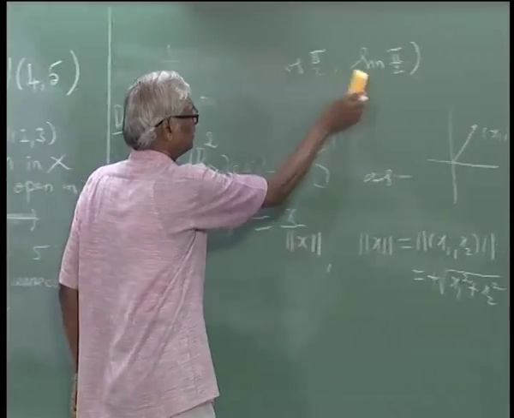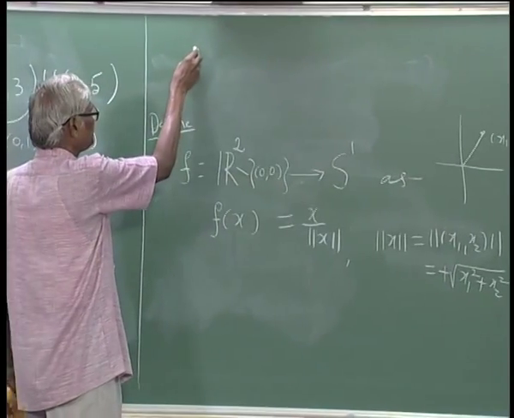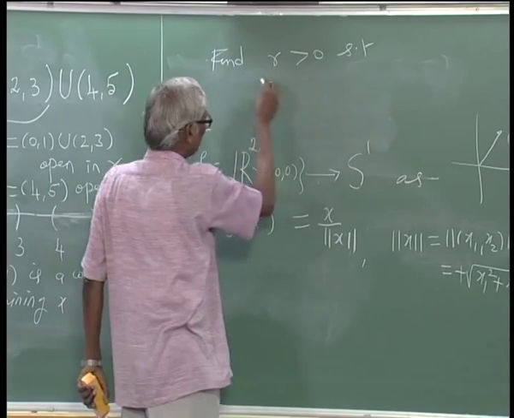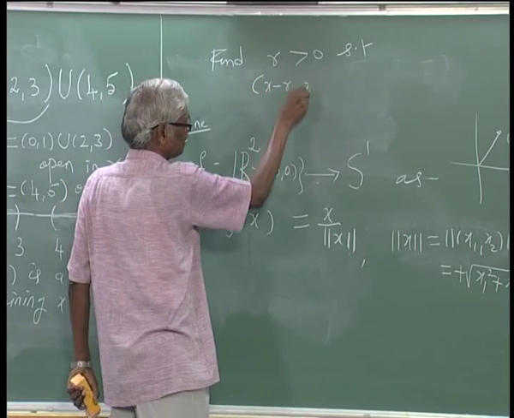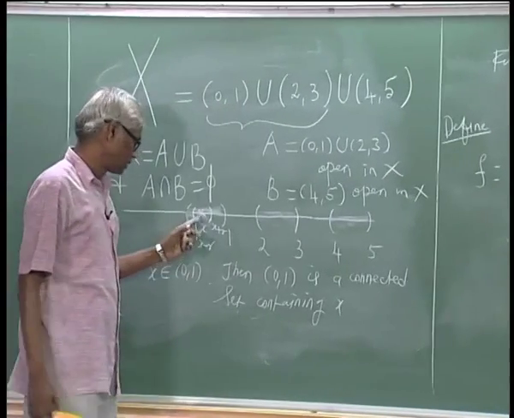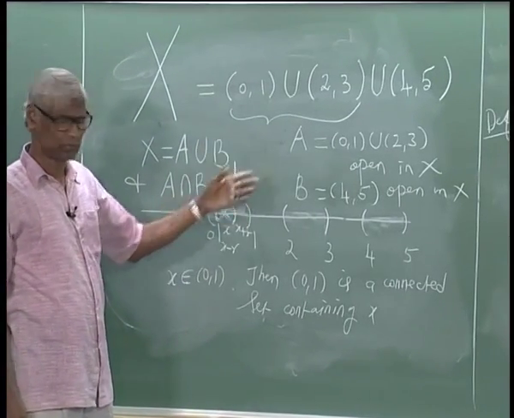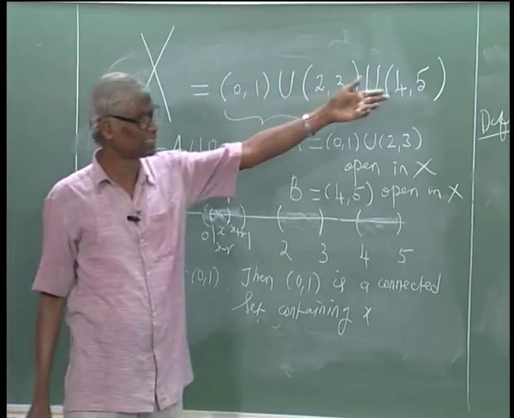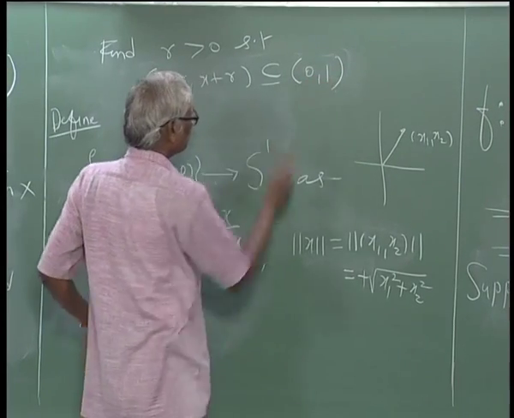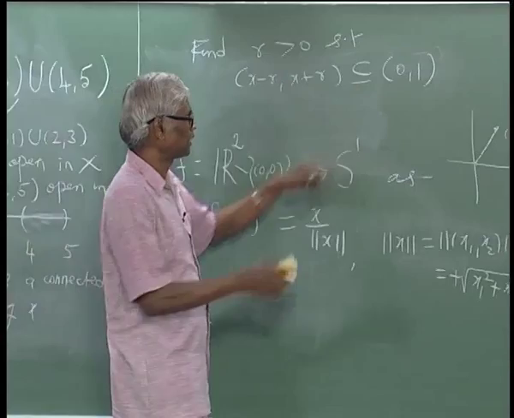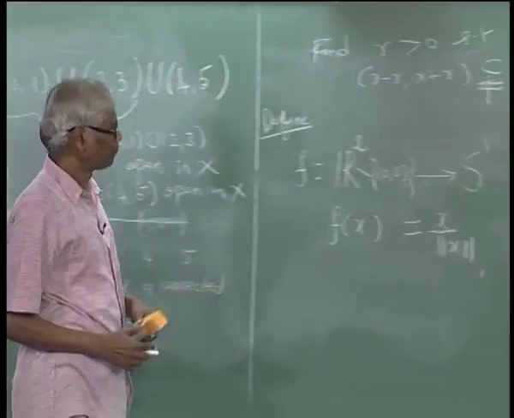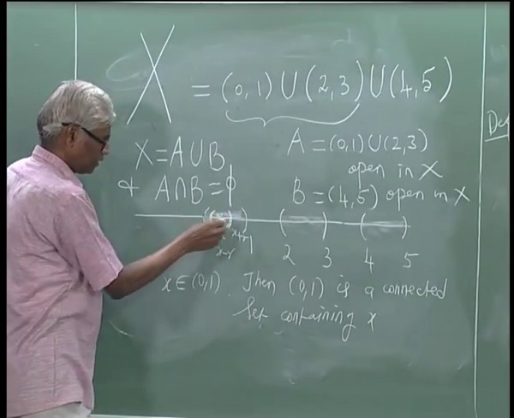Since (0, 1) is an open set and each point is an interior point, there exists R greater than 0 having this property, such that the interval is contained in (0, 1), and in fact is a proper subset.